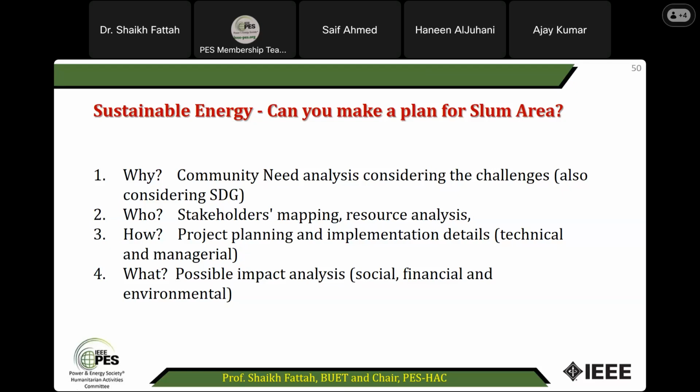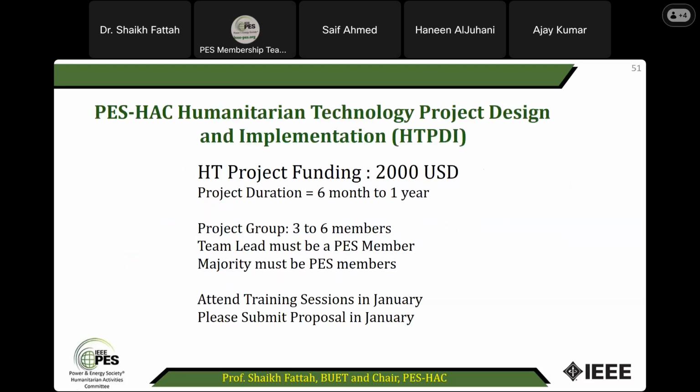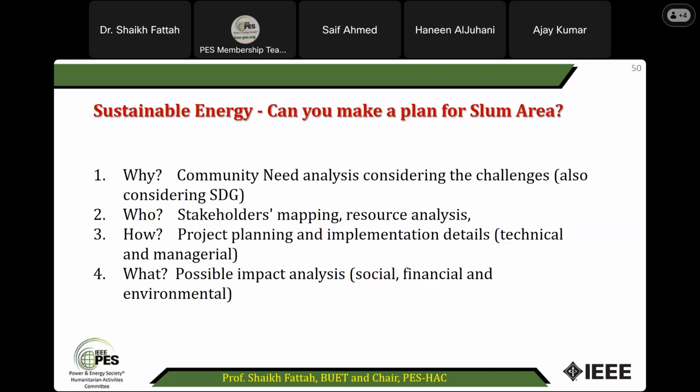You can think about a solution with multiple outcomes, and once you have a lot of outcomes, then you can have some sort of impact analysis. So this is the general task. All of you can think about an underprivileged community, less privileged in comparison to another place where they have more.